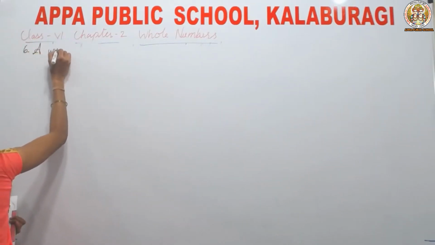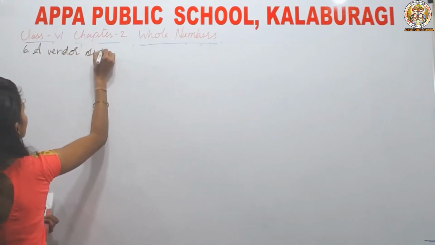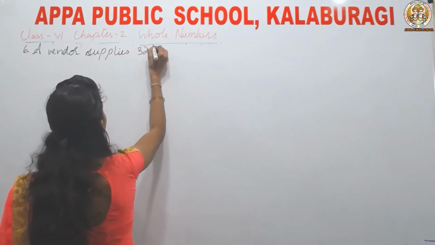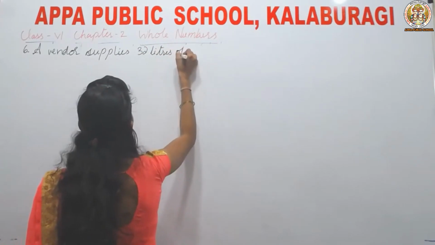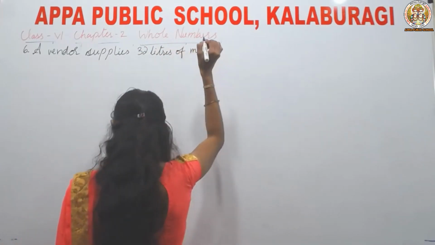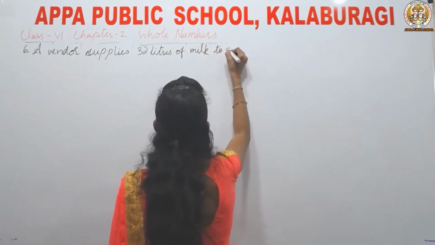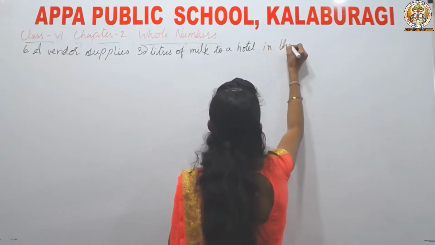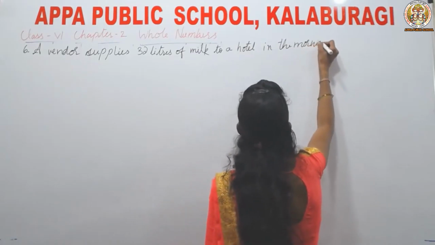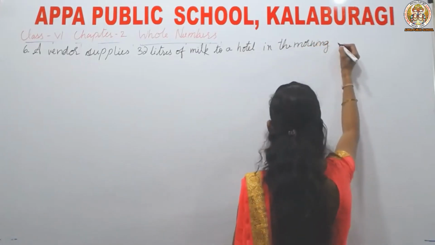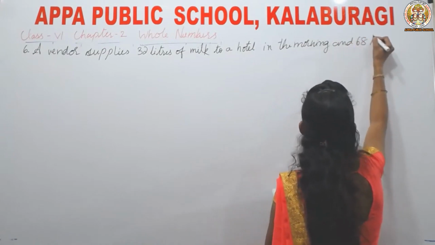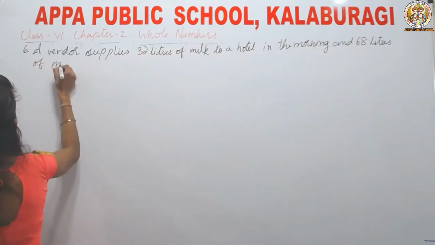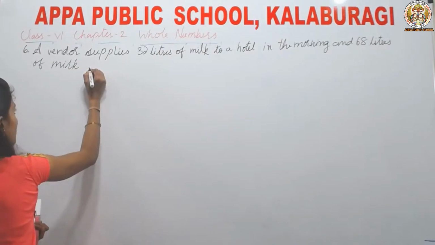A vendor supplies 32 liters of milk to a hotel in the morning and 68 liters of milk in the evening.